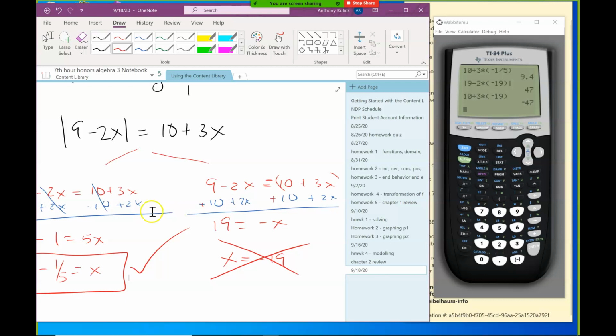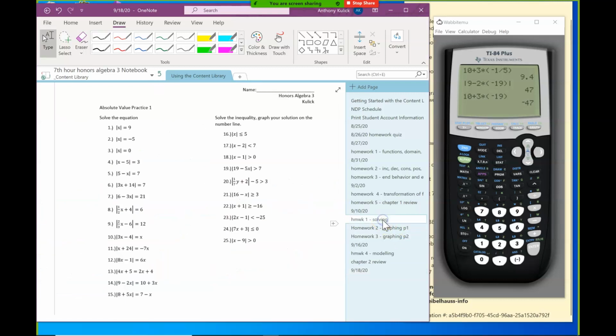I would be happy to tell you them if I had them written down. So what's that one gotta be? Well, 23 would technically be no solution, right? Because you can't have a number coming out of the absolute value that's less than -25. 24, you can only have one number.